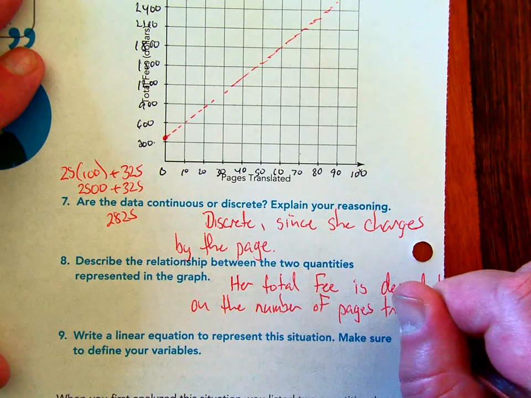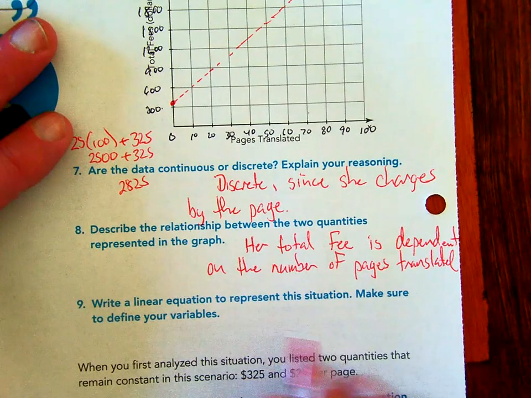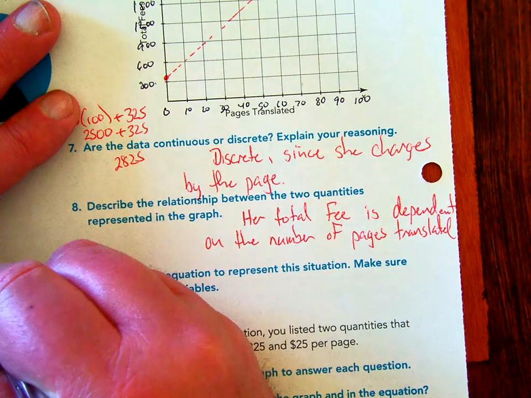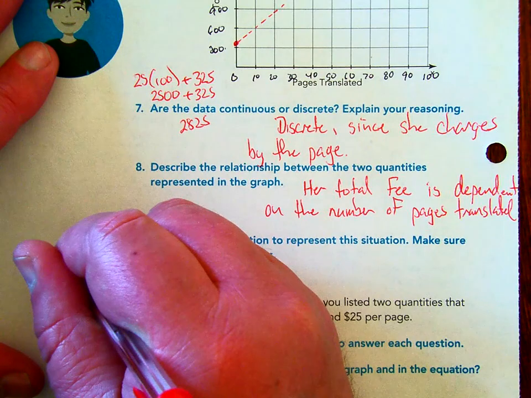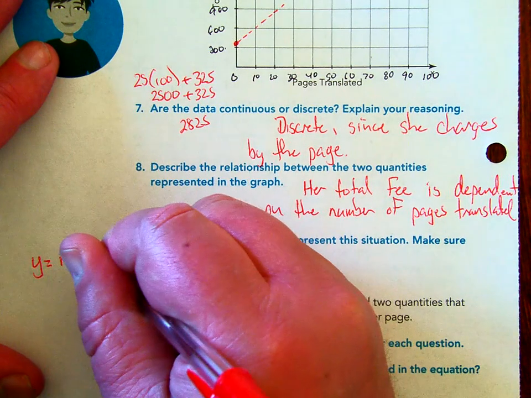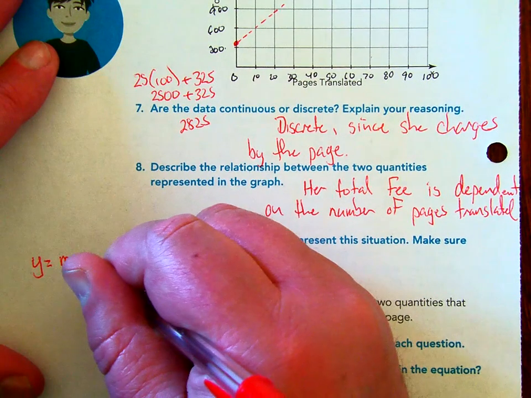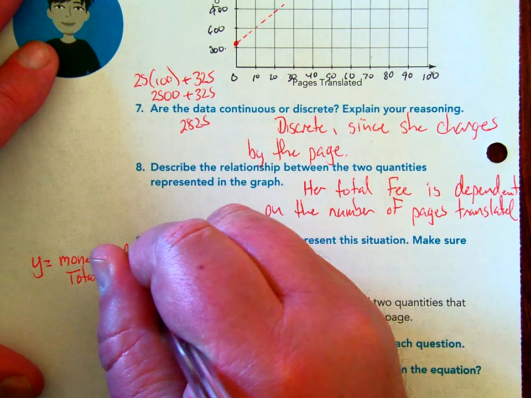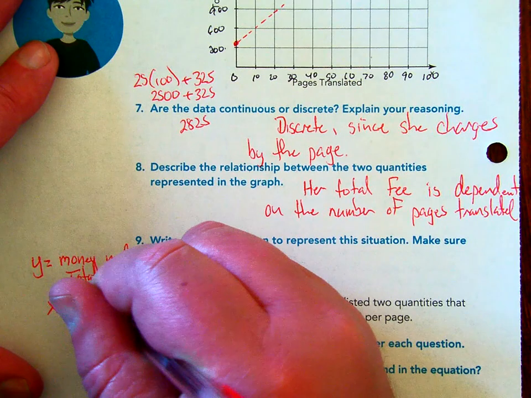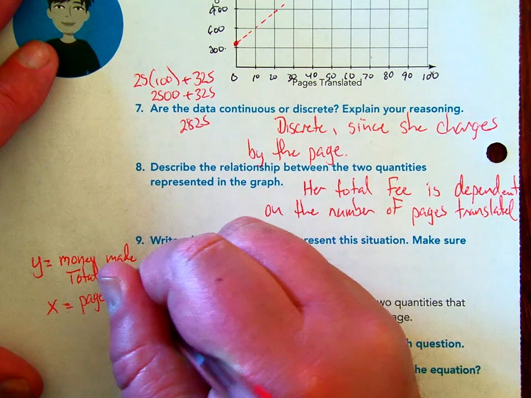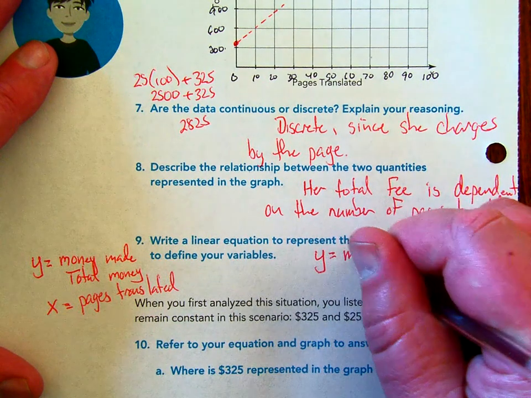Write a linear equation to represent this and define our variables. So y is my dependent variable. So y is money made, or the total money. And my x is pages translated. So I'm going to write it in the form y equals our slope, how it changes by, times x plus b.